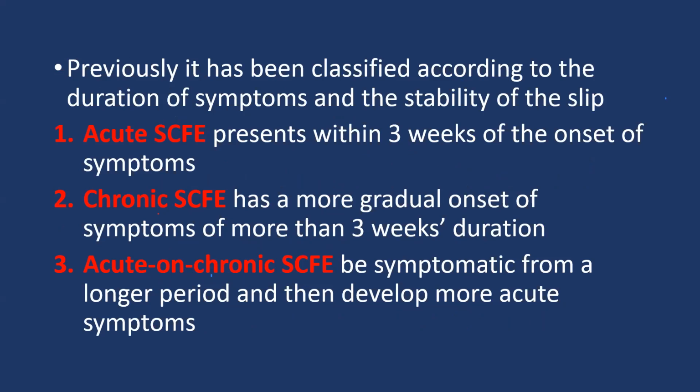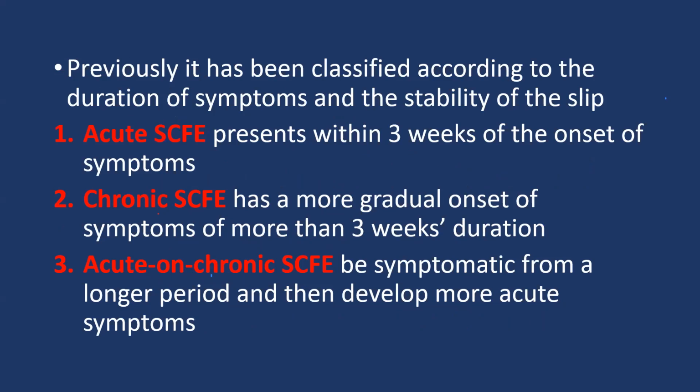Previously, it has been classified according to the duration of symptoms and stability of the slip. Acute slipped capital femoral epiphysis presents within 3 weeks of the onset of symptoms.